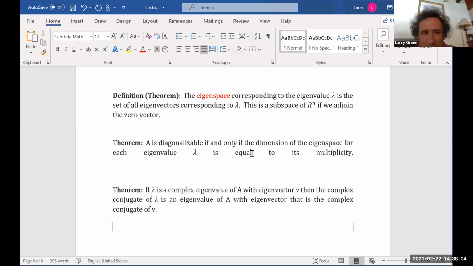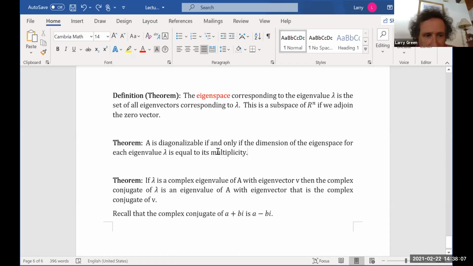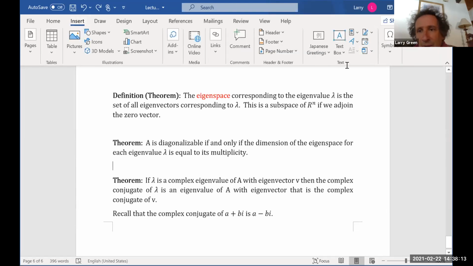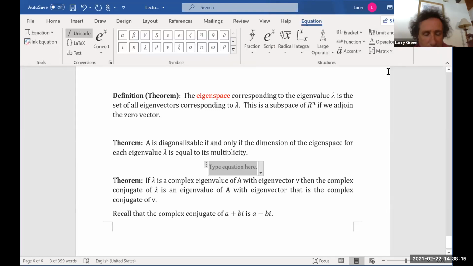So for example, let me give you an example. Let's suppose we had the following, and let's suppose I factored it, and I said this was lambda minus 2 cubed, times lambda plus 3 to the 5th power, times, how about lambda minus 7?